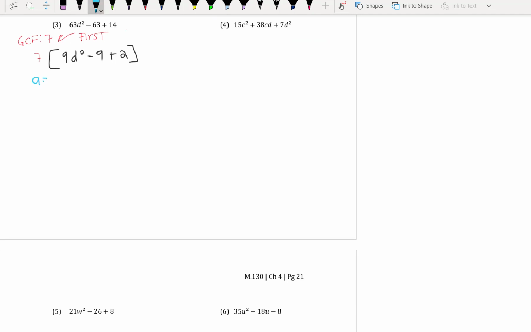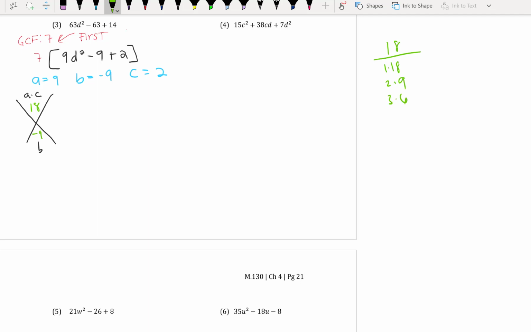Now I have that my A is equal to 9, my B is equal to a negative 9, and my C is equal to a positive 2. So when I do my A times C and my B value, my numbers are a lot more manageable. So 9 times 2 is an 18, and I have a negative 9. So over to the side, what two numbers multiply to give you 18? 1 times 18, 2 times 9, 3 times 6.